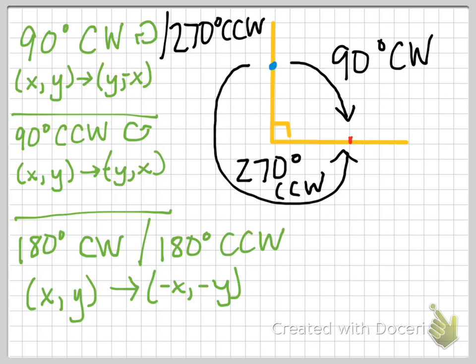So that's the same rule. And then the same thing goes for 90 degrees counterclockwise. That's the same rule as 270 degrees clockwise. That makes things a little bit easier that some of them share the same rule. And then 180, again, the counterclockwise and the clockwise are the same rule for 180 degrees.